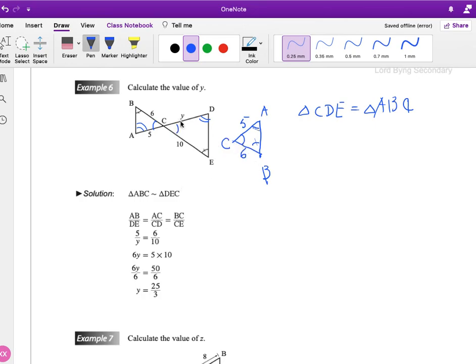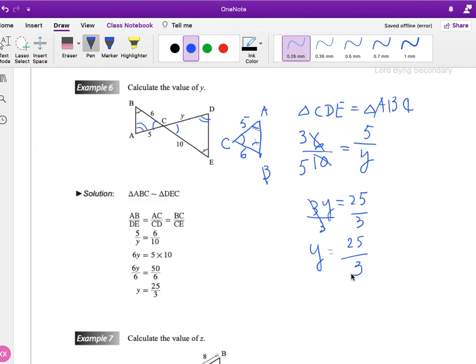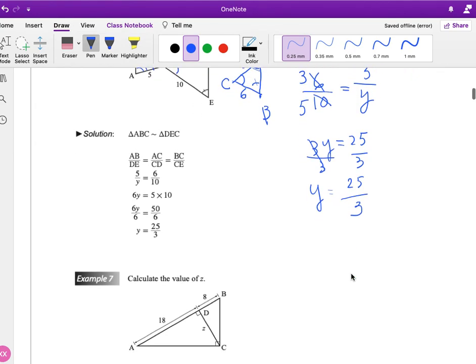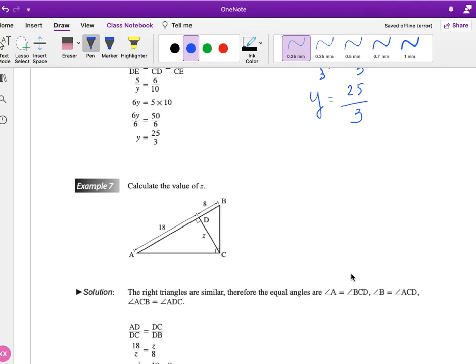Now 6 over 10 equals 5 over Y. Now reduce this first by 2, so that is 3 over 5. Then we multiply, so 3Y equals 25, divided by 3, Y equals 25 over 3.